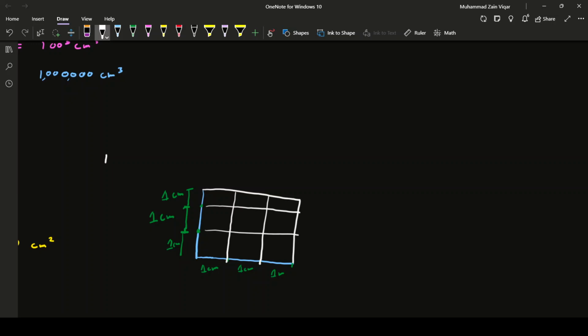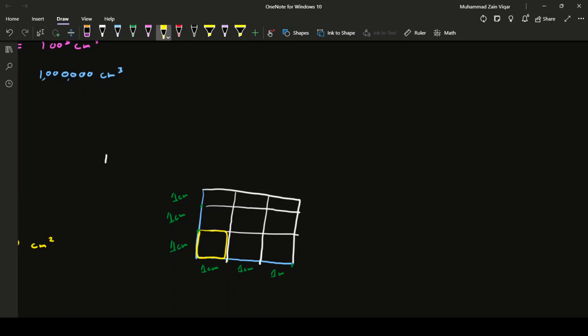Obviously my drawing is not that perfect, but I hope you understand. Let me just make this a bit more neat. This would be equal to 1 centimeter, 1 centimeter, 1 centimeter. I could see that the blue line was only equal to 3 centimeters, but for the square made by the blue lines, I would need 9 of these centimeter squares to be equal to this.